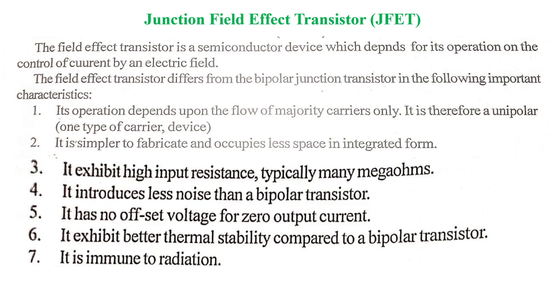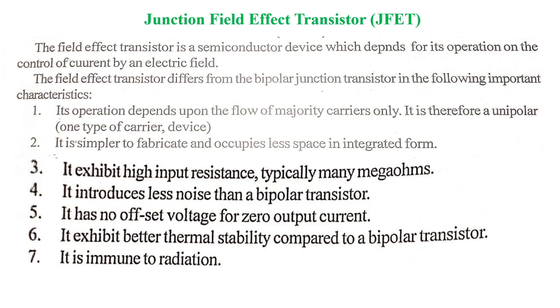It combines the many advantages of both bipolar junction transistor and vacuum pentode. Now, the first advantage of JFET: it has a very high input impedance, of the order of 100 mega ohm.